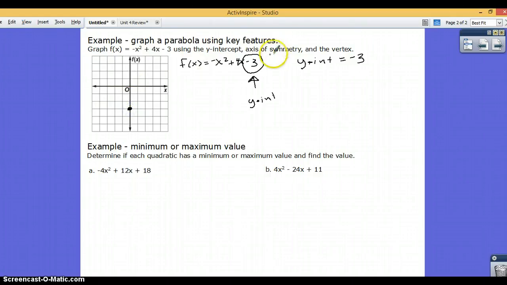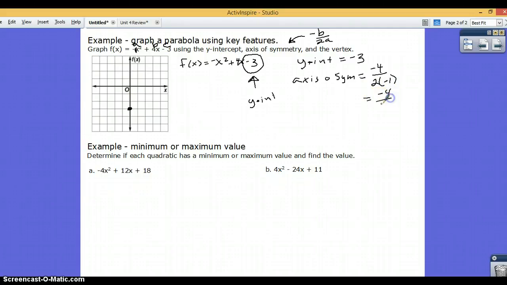Alright, so to find the axis of symmetry, it is negative b over 2a. So there's a negative 1 here, which is my a, that's my b, that's my c. The axis of symmetry, which I'm going to call AOS, is negative b, which is 4, over 2 times a, which is negative 1.